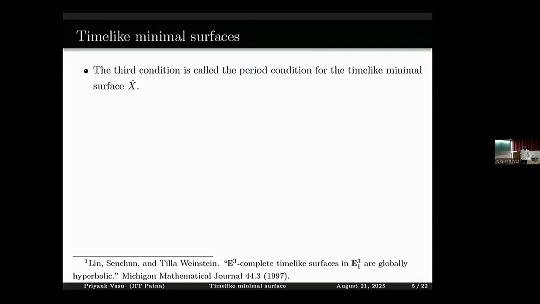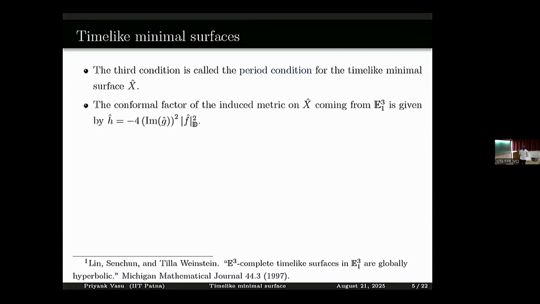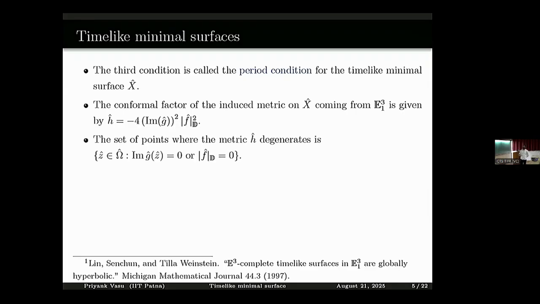The third condition, that the integration around any closed loop gamma hat should be 0, is called the period condition. The induced metric from E^3_1, Lorentz-Minkowski 3 space, is conformal. We notice that the conformal factor looks like this, and the time-like minimal surface also has a degenerate set of singularities, which will be denoted by this set.